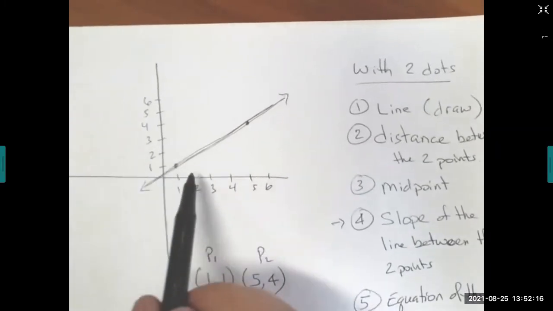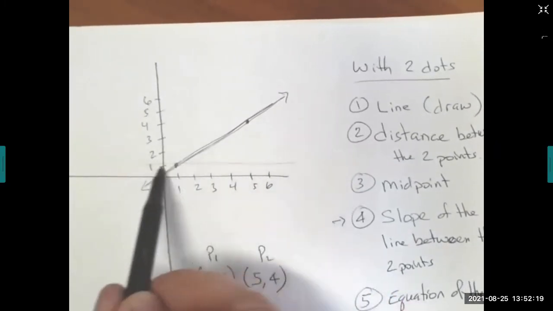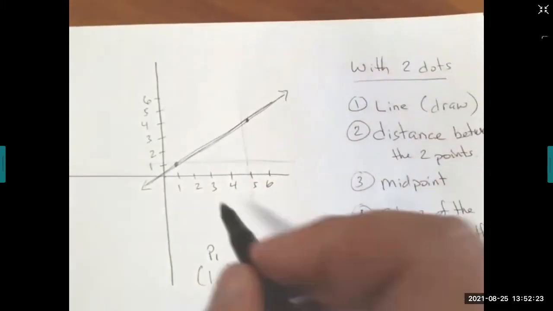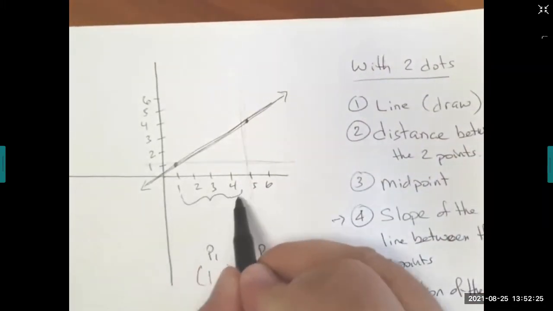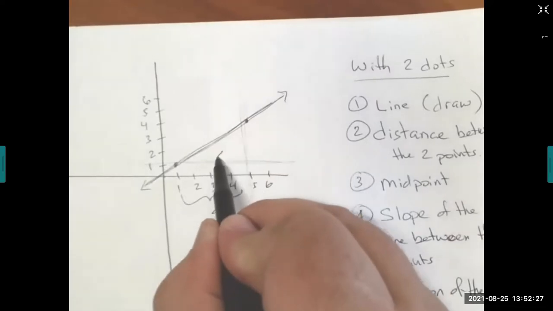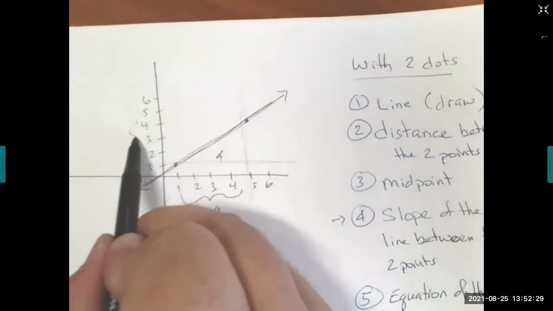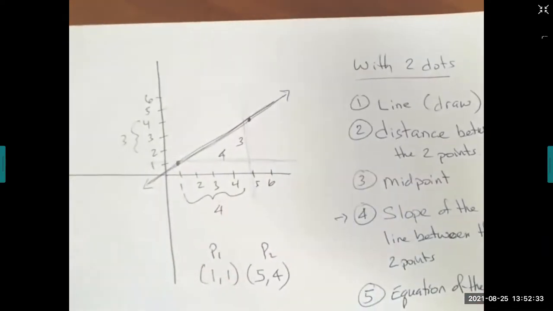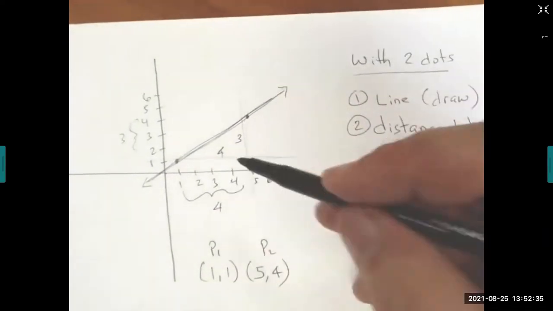Let's see what this means. So coming back up here to our graph, if we drew a horizontal line through there and a vertical line through there, we know this is 4 units. And this is 3 units. It goes up 3 units over 4.